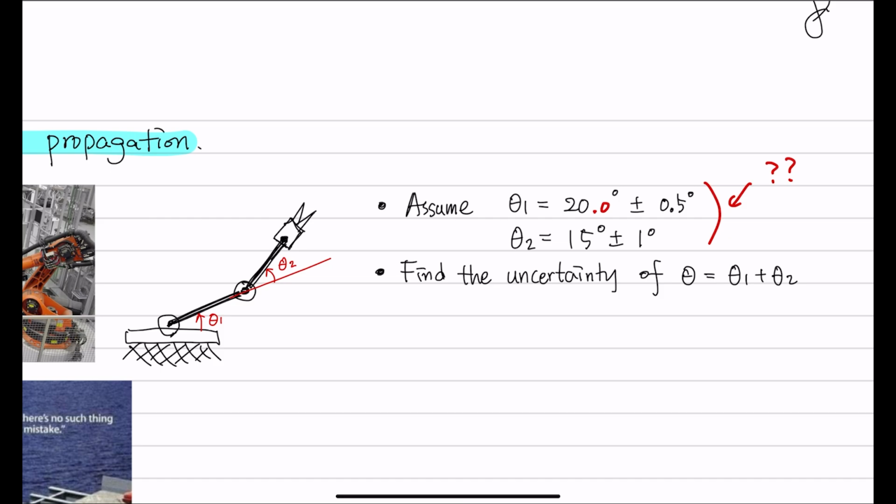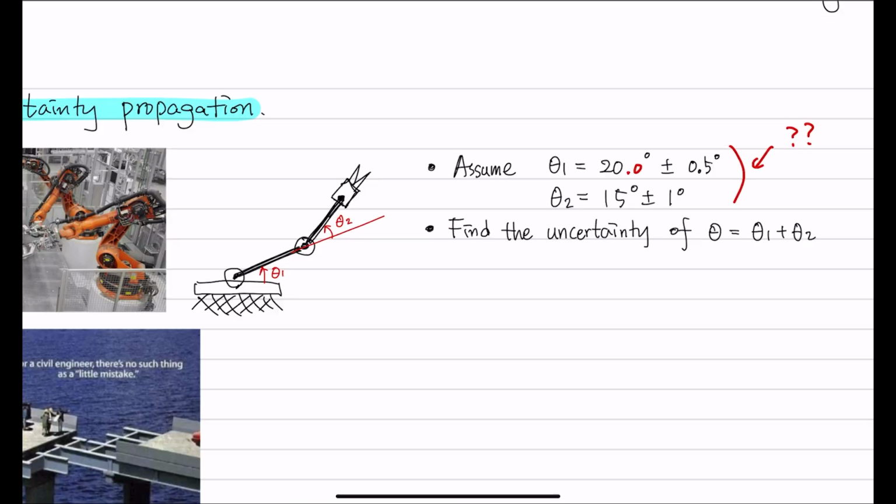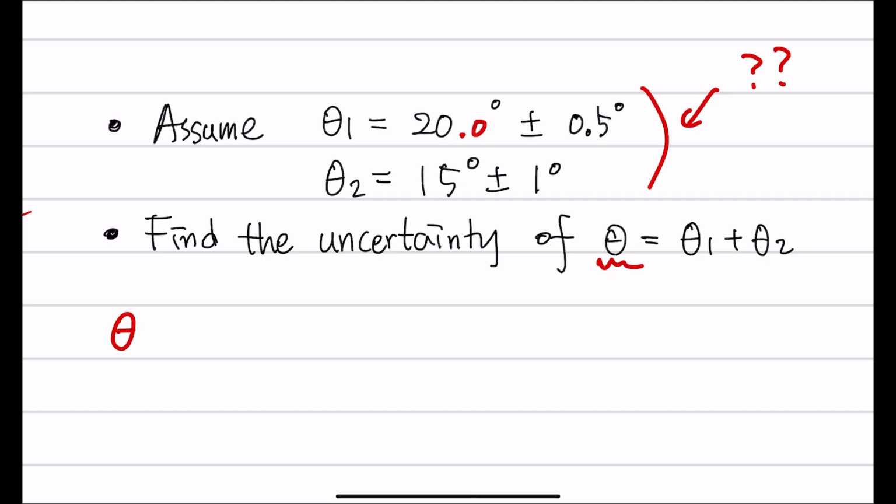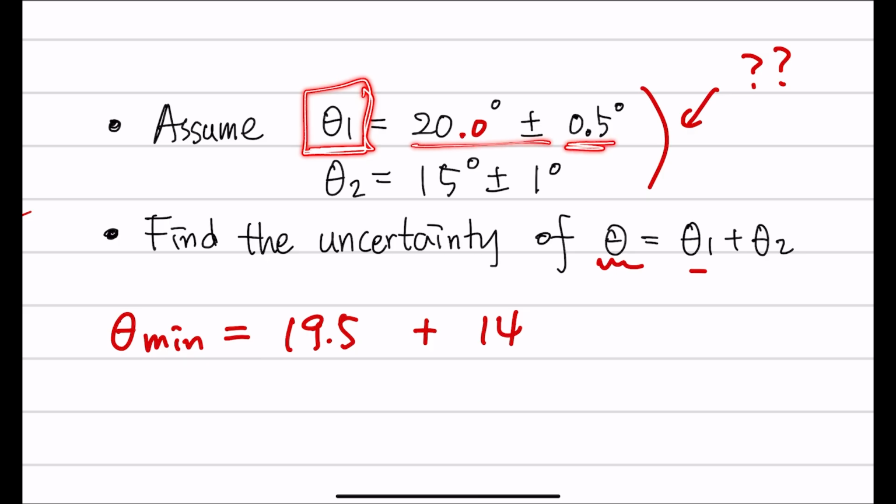Given this, we would like to find the uncertainty. One way we can try is to find the minimum value of this. The case where we have the minimum value is theta 1 is 19.5 and theta 2 is 14, because this measurement is plus or minus 0.5, so the minimum value for that is this. For this one, the minimum value is 14. So the overall minimum value we can have is 33.5.